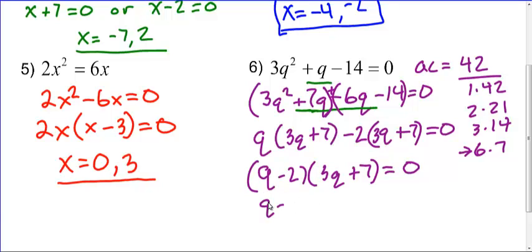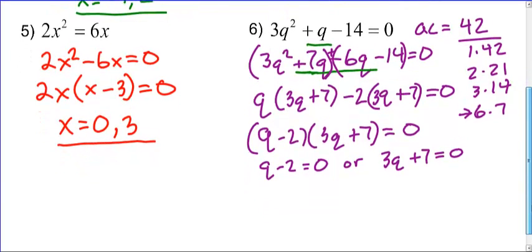It's time to use the zero product property. Either q minus 2 equals 0 or 3q plus 7 equals 0. So we would know from q minus 2 that if we add 2 to each side, q would have to equal 2. Over here we would have 3q equals negative 7, so then q would be negative 7/3.